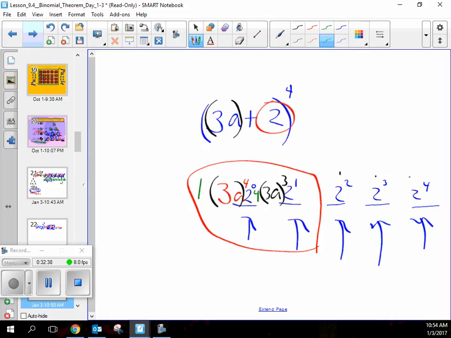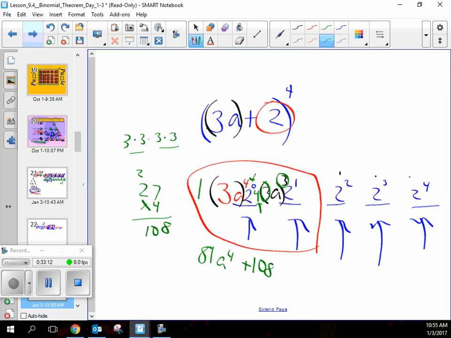3 to the fourth is 81, because that's 9 and that's 9 and it makes 81. Okay, 1 times 81 is 81, a to the fourth. And 2 to the 0, this little part here, that's really 1, so it doesn't really do anything. Plus 3 to the third is 27, and then 27 has to be times by this 4. $108.